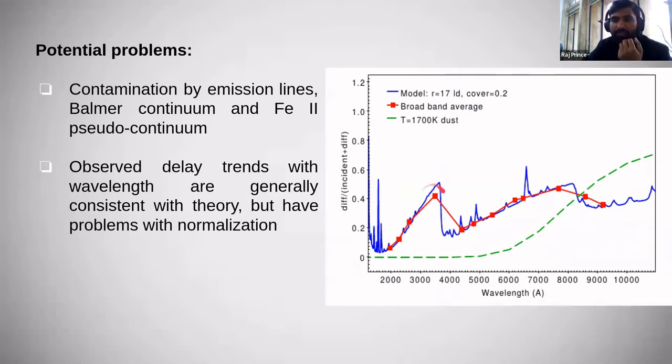If you remove this part, then we should have the lambda^(4/3) slope here for all the time delays. There is also some issue at the higher wavelength, in the infrared, but we are not currently bothering about that. We are focusing on this part, and in the future we will see if we can resolve that issue.